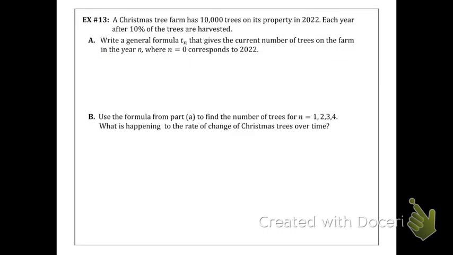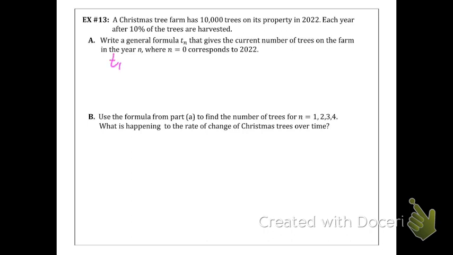All right, a Christmas tree farm has 10,000 trees on its property in 2022. Each year, after 10% of the trees are harvested. A says write a general formula, T sub n, that gives the current number of trees on the farm in the year n, where n equals 0 corresponds to 2022. So T is going to be the number of trees.